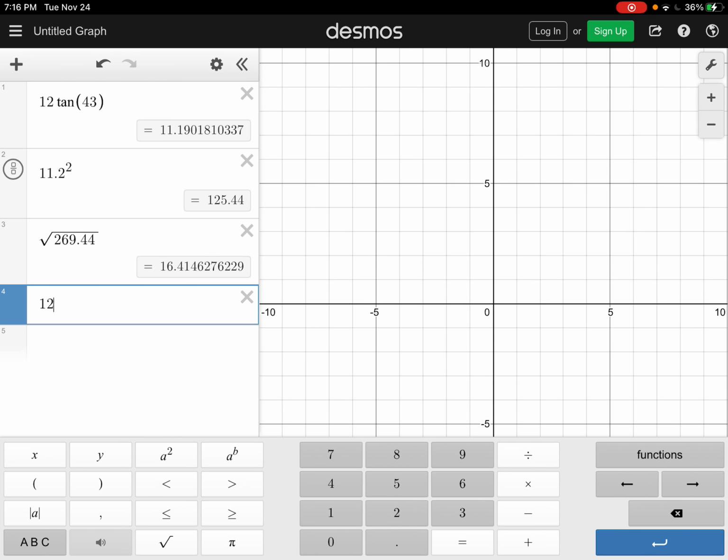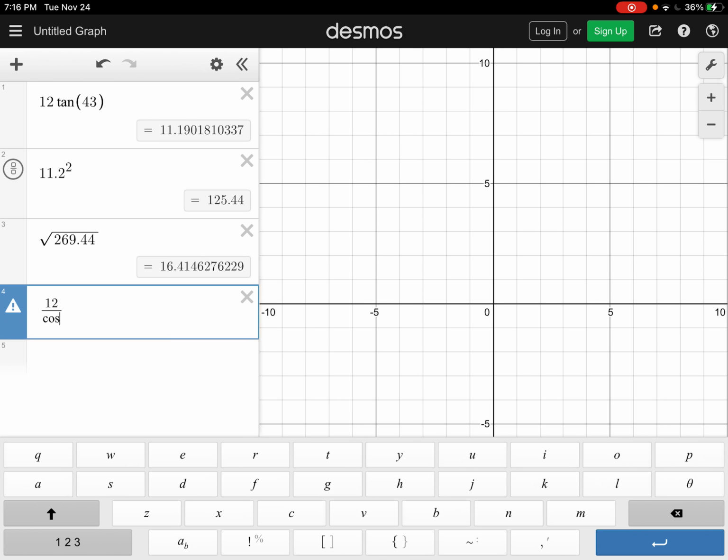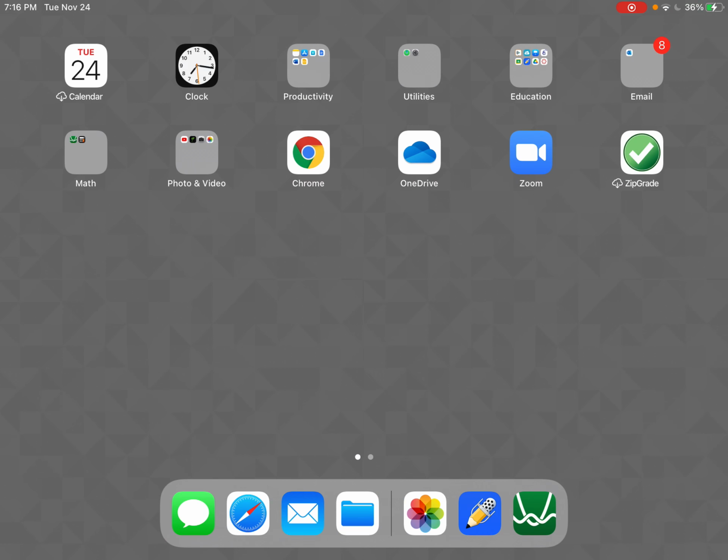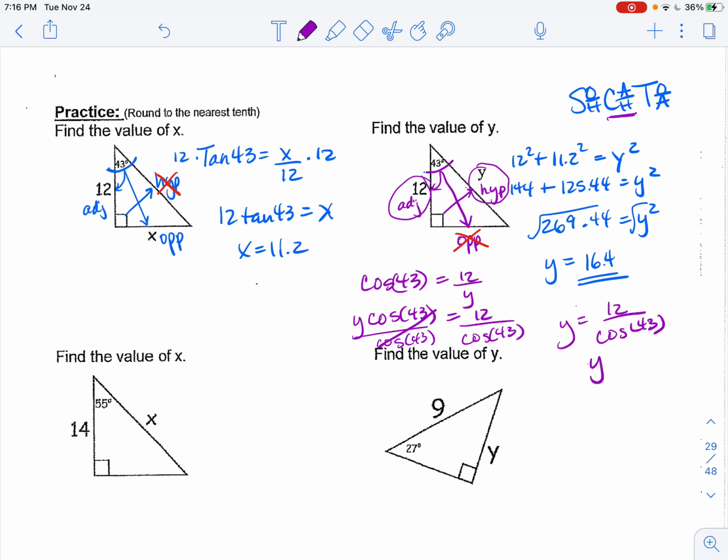So this is going to be 12 divided by cosine, open parentheses, 43. And again, we're getting 16.4. It's a little bit off from the previous answer just because we rounded the 269.44, but it's still pretty close. 16.4 would be my rounded answer, which is the same thing we got using Pythagorean theorem.